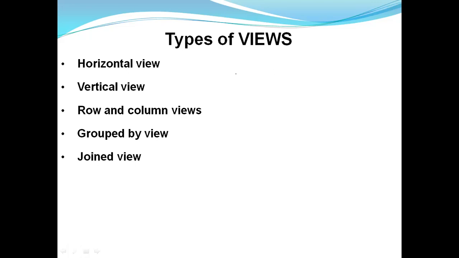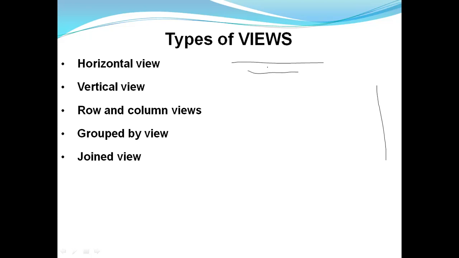Horizontal means this line and vertical means this line. Correct? So when we have a horizontal difference between the base table and view, view में 3 ही column, table में उससे ज़्यादा, that means there is a horizontal difference here. So this will be called a horizontal view.